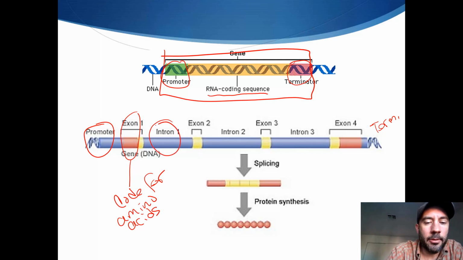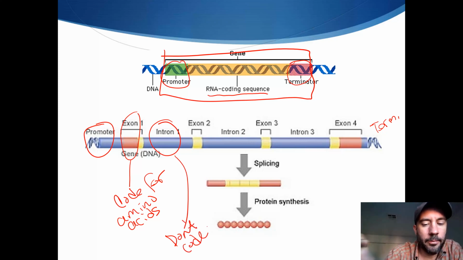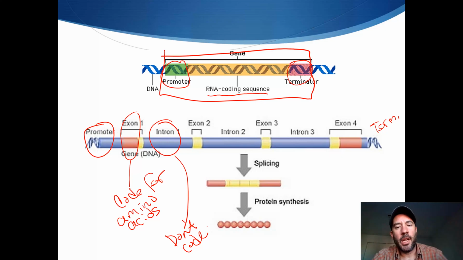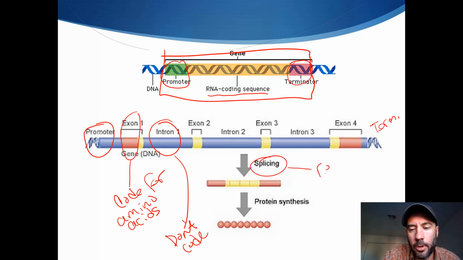These intron regions don't code. So when a gene is being read by your cellular machinery and is going to be turned into a protein, what happens first is that the introns are spliced out.